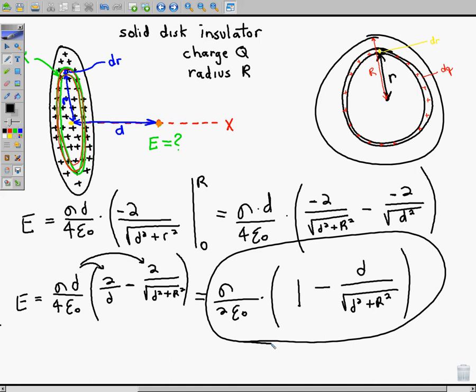Oh, wait a minute. Should we replace sigma? If we wanted to replace sigma there, what would we substitute in for sigma? Q over pi r squared. So if we did that, help me out.